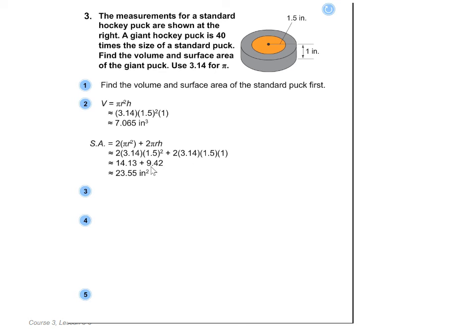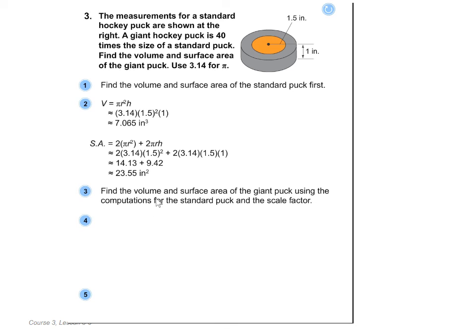And the second part is going to be 9.42. Total surface area is 23.55 square inches. Let me say that again, 23.55 square inches. So that's the volume and surface area of the standard puck first.